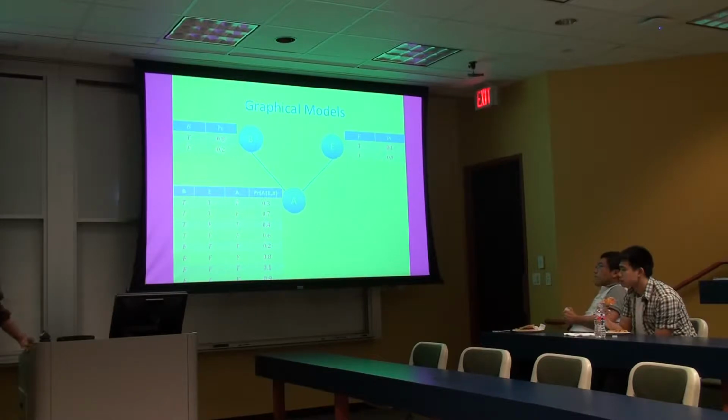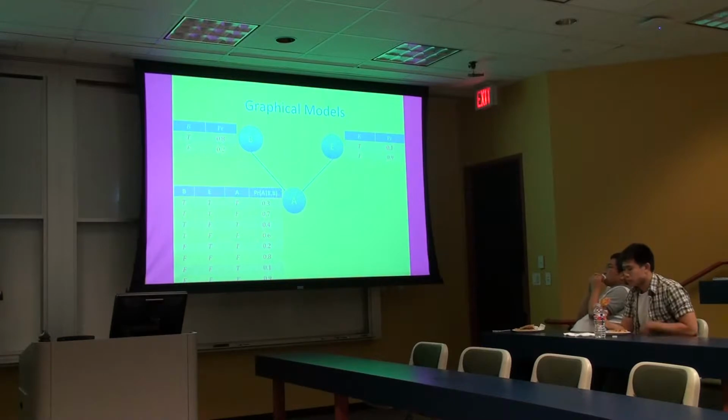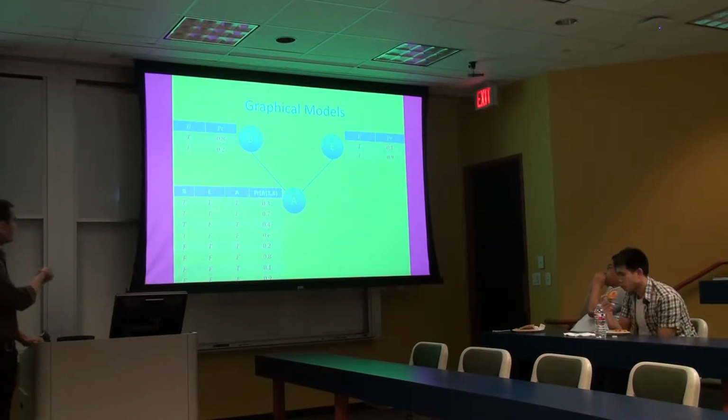Once we have these probabilities, based on the data, we also determine what is called a conditional probability table. In this case, we are interested in the probability of A given E and B. Every row here says true, true, true. It says that the alarm sounded given burglary and earthquake, both of them happen, and that is 0.3.